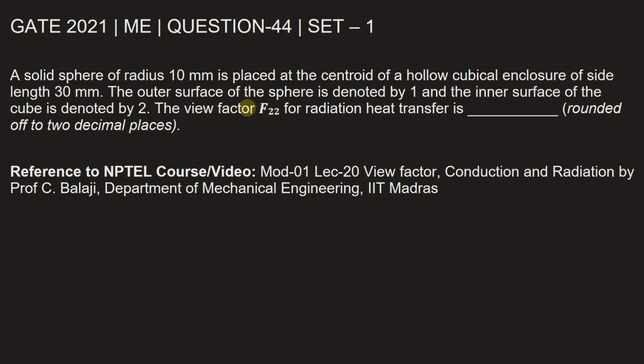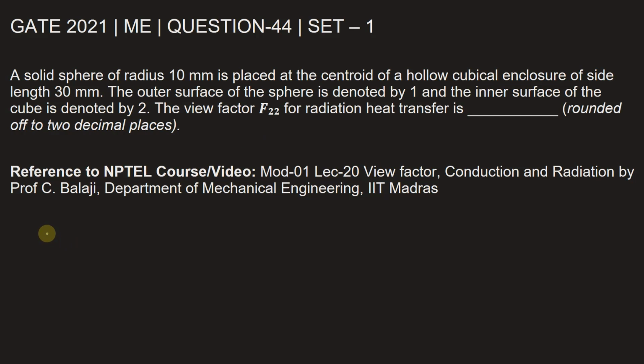This is also called the shape factor for radiation heat transfer. This view factor or shape factor is a purely geometrical parameter that accounts for the effects of orientation of radiation between surfaces.